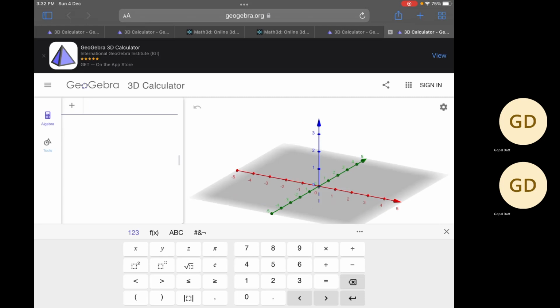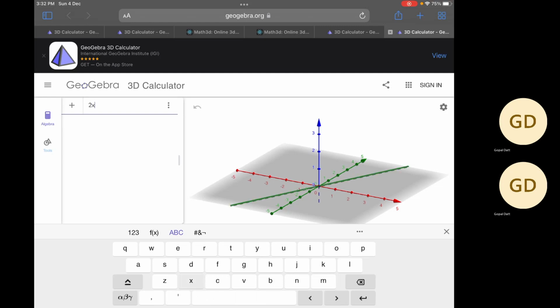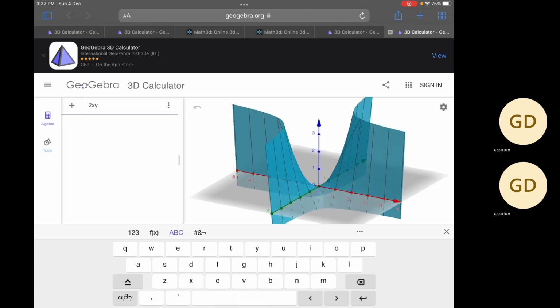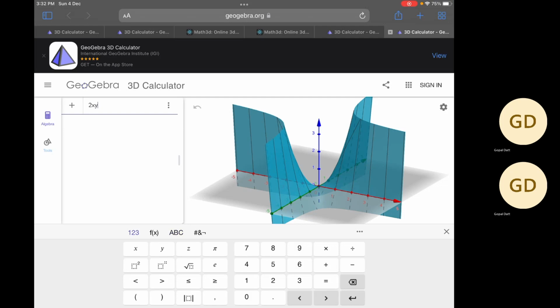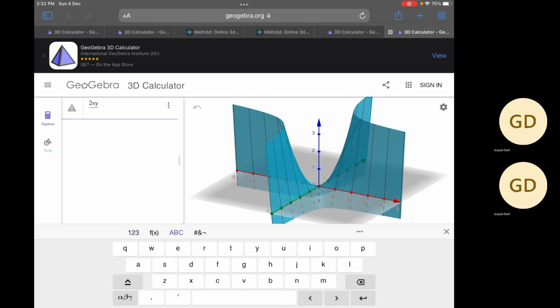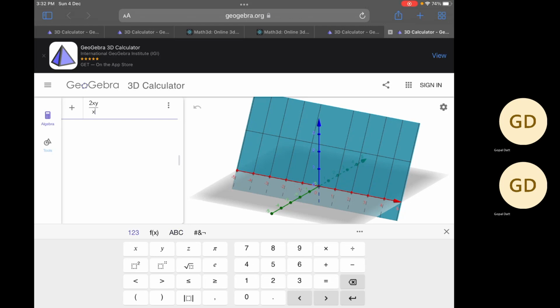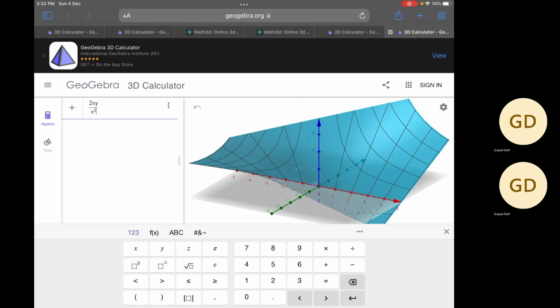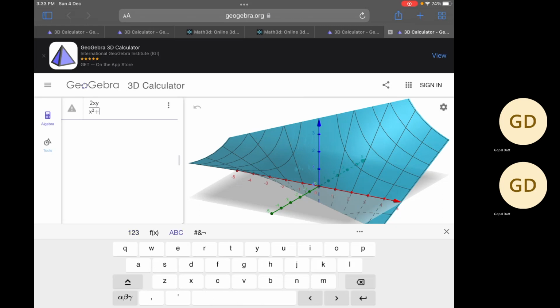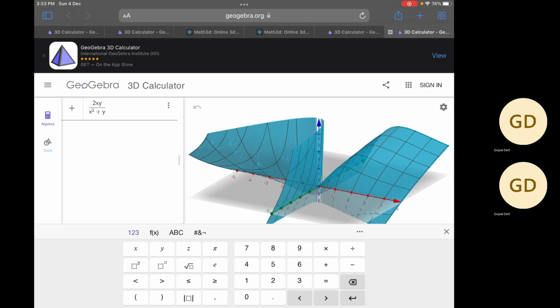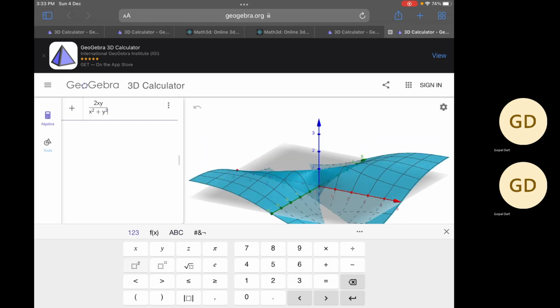So this is 2xy divided by x square plus y square. It looks like this.